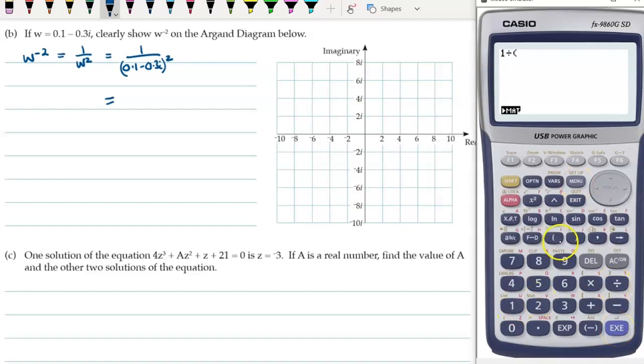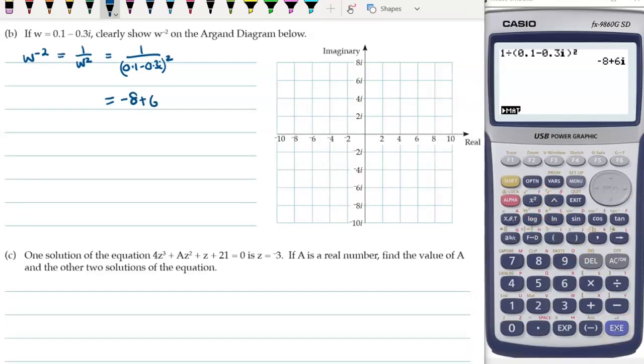So 1 divided by (0.1 minus 0.3i) all squared is equal to minus 8 plus 6i. And then popping that onto the Argand diagram, we go minus 8 in the real direction and plus 6i in the imaginary, which is going to be just here.